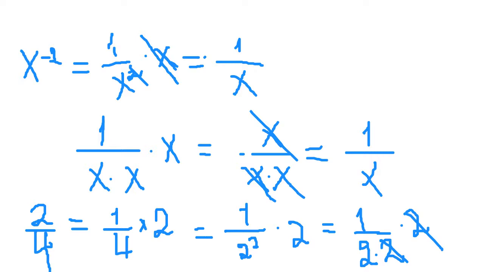Just use logic, and you can deduce the logic simply by plugging in a few numbers. That's 2 over 4. Isn't that exactly 1 over 2?